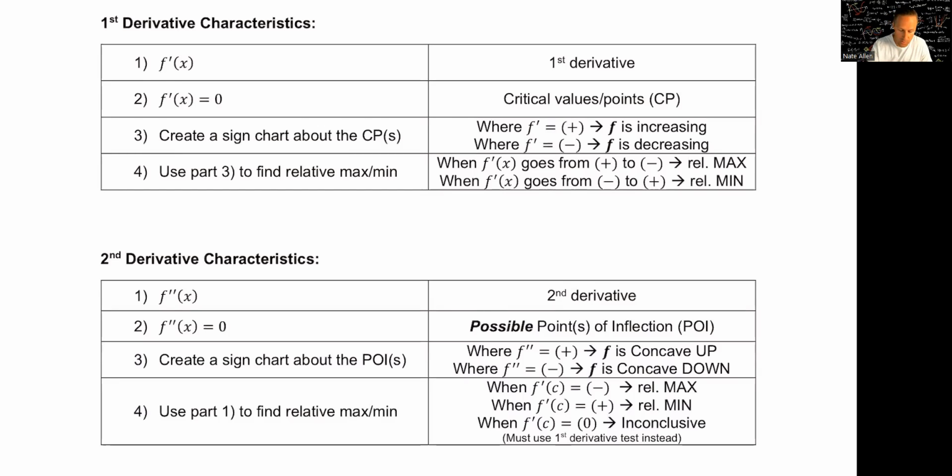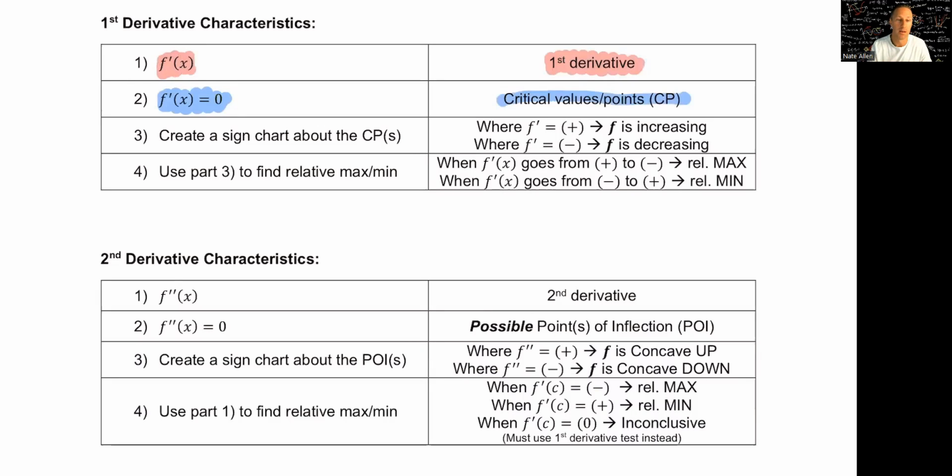Remember, first derivative is given by that symbol, and once we've taken it, we next want to find our critical points by setting that first derivative equal to 0. So whether you call them critical numbers or values, that's just the x. If it's a critical point, then technically you'd have to plug in your x to find your y.